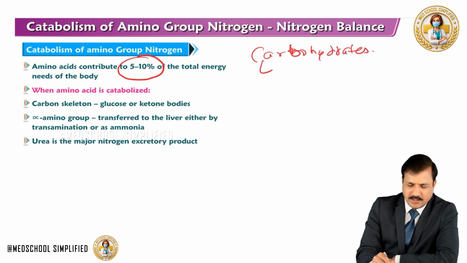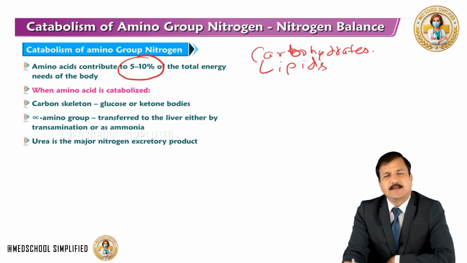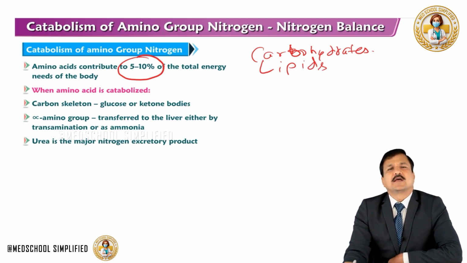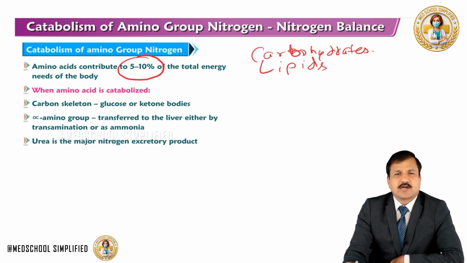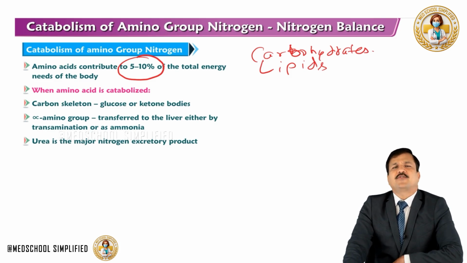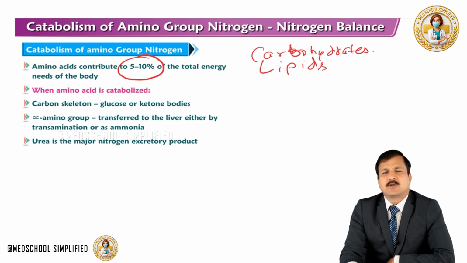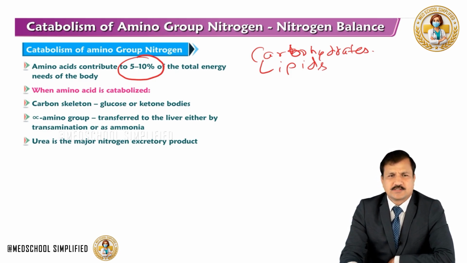And the other important source of energy for our body is the lipids, especially the triacylglycerol, which is stored in the adipose tissue. So in that sense, proteins which contain amino acids are not really the primary source of energy for our body. So the main function of amino acids in our body is to make special products and also to build essential proteins for the normal metabolism and cellular functions.